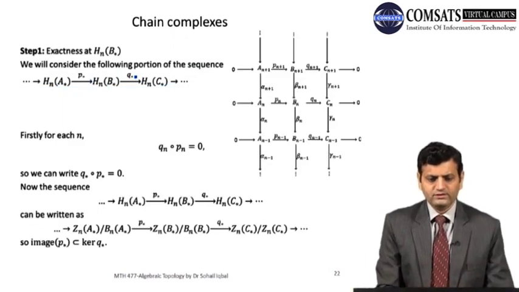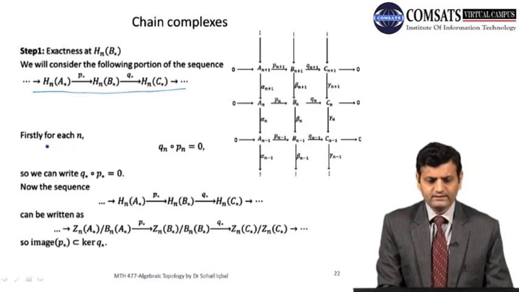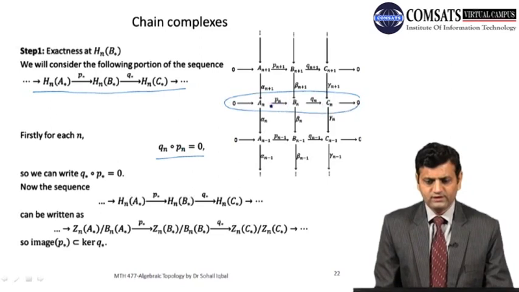Consider the following portion of that long sequence, and we also have the condition that this composition is 0, because this comes from the exactness. So the image of Pn is equal to the kernel of Qn, so the composition is always 0.